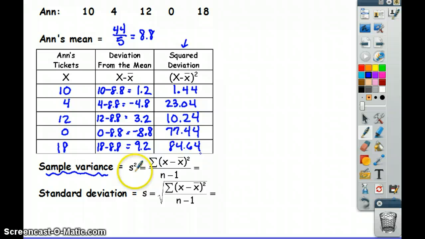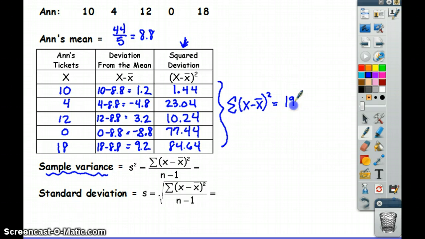The sample variance calls for the sum of all these values we found in our squared deviation. So I'm going to take all 5 of these numbers in the last column and add them up. This sum of the x minus the means squared, when I added them all up, I got about 196.8.